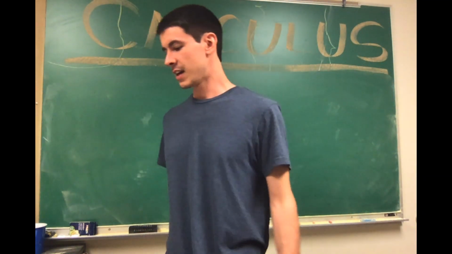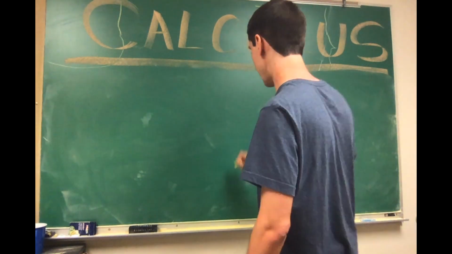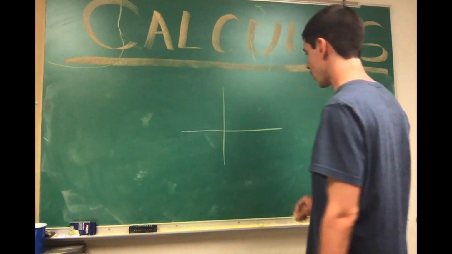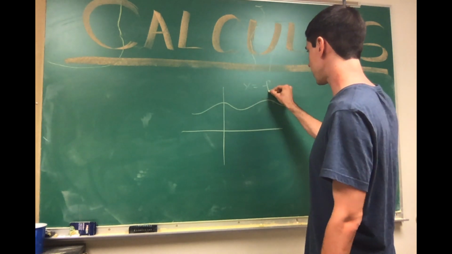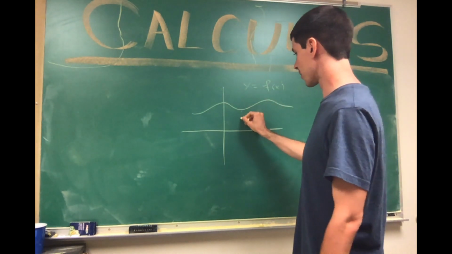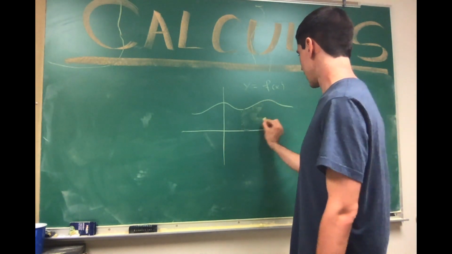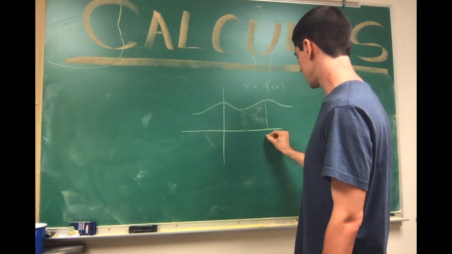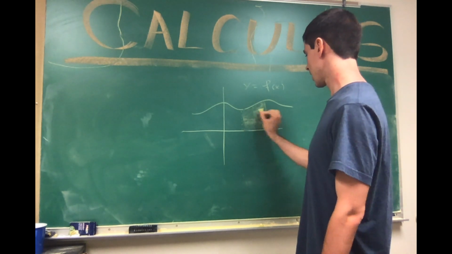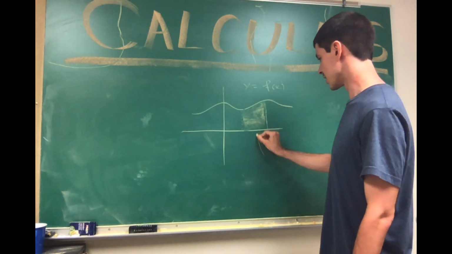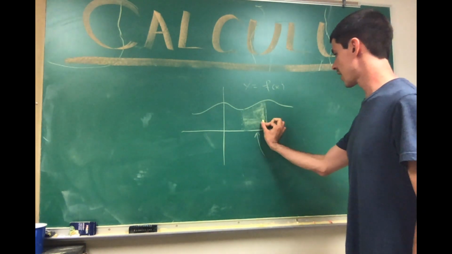That's an interpretation of e. And so if we have this situation where y equals f of x is some curve, and we have some starting point wherever, and we have this function a of x, so that this area from this dotted line, whatever it is, up to x is a of x.